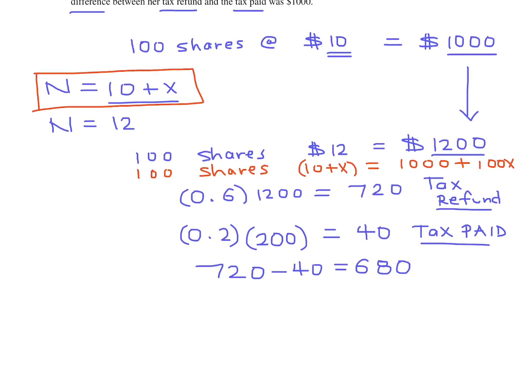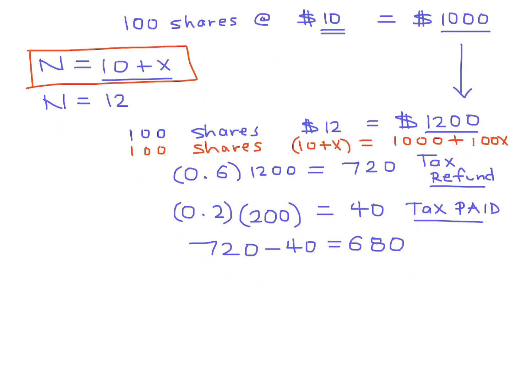All right? Now you have to pay 60% tax on this total. So it would be 0.6 times 1,000 plus 100X, which is 600 plus 60X. All right? This is your tax refund.